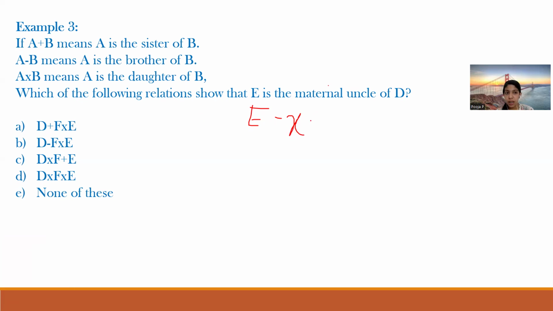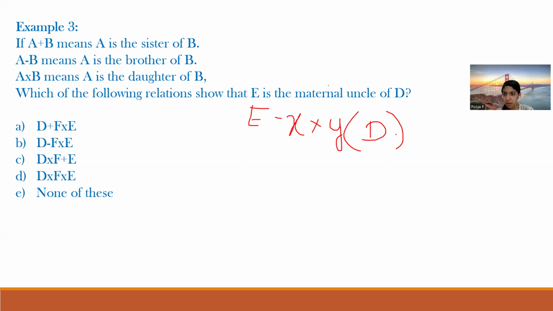Since they have not mentioned anything for son, we should take it as daughter, that is X into Y, the daughter Y. In this case, Y should be D. Only then he will become the maternal uncle. This is one way.